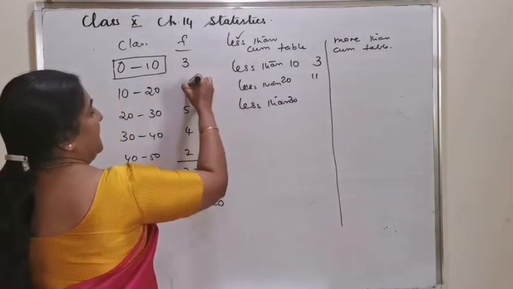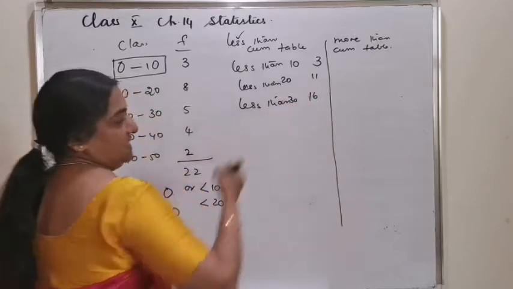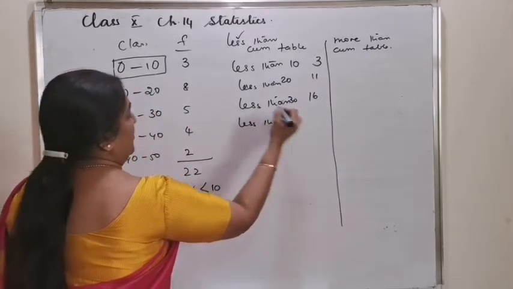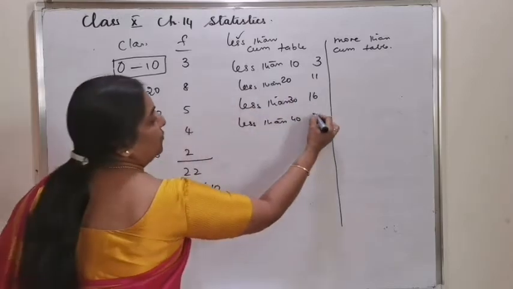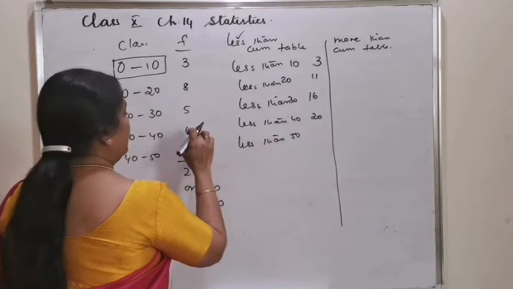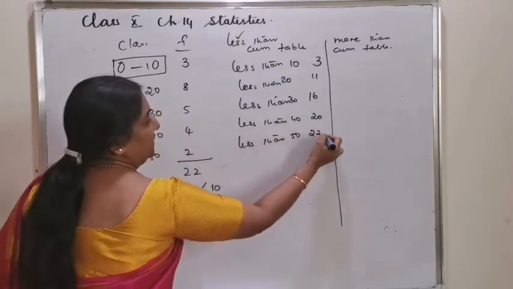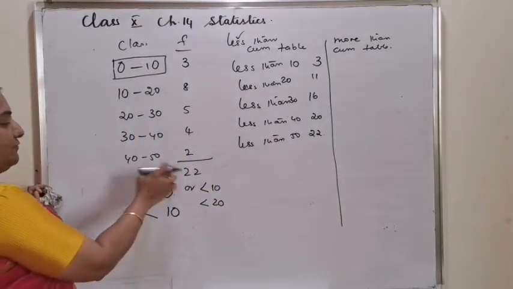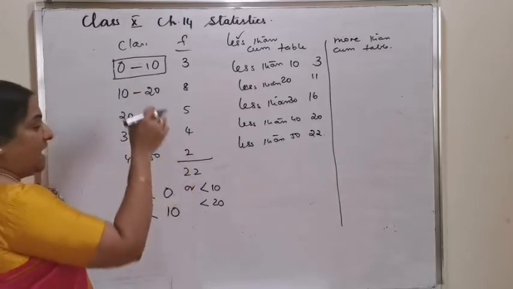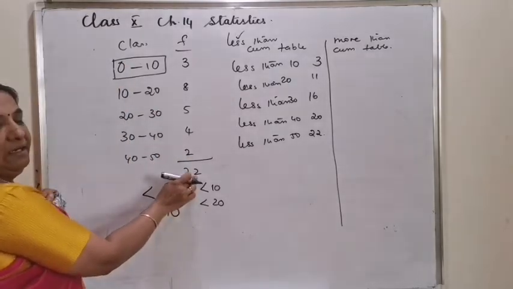there are 3 plus 8, 11, 11 plus 5, 16. Again, less than 40, 16 plus 4, 20. And less than 50, then 20 plus 2, 22. You can see here 40 to 50 is 2 and the total is 22, means from the beginning up to 50 there are 22.